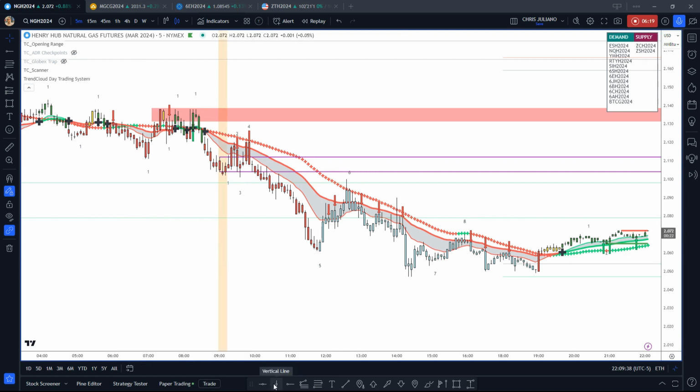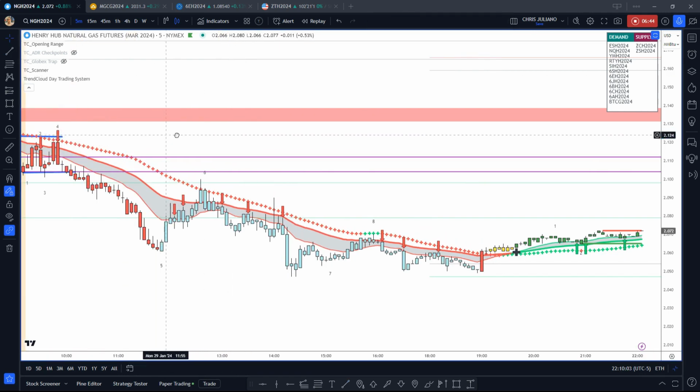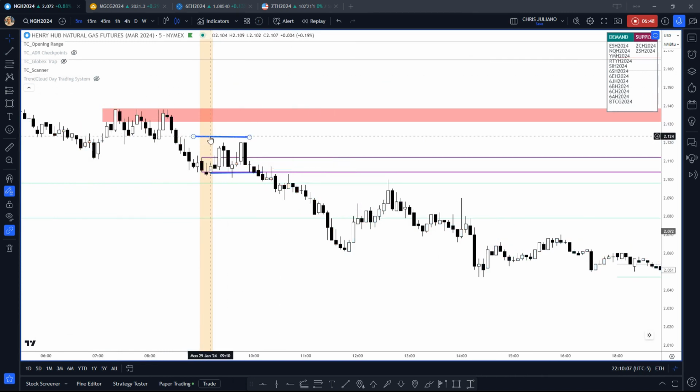So you get a trend cloud signal right here and right here. And where would your entry be? Well, first signal, right? Entry is right there. And this does pull back a little bit more, but if you're above the trend cloud arrow, let's open this up more and see right there, right?